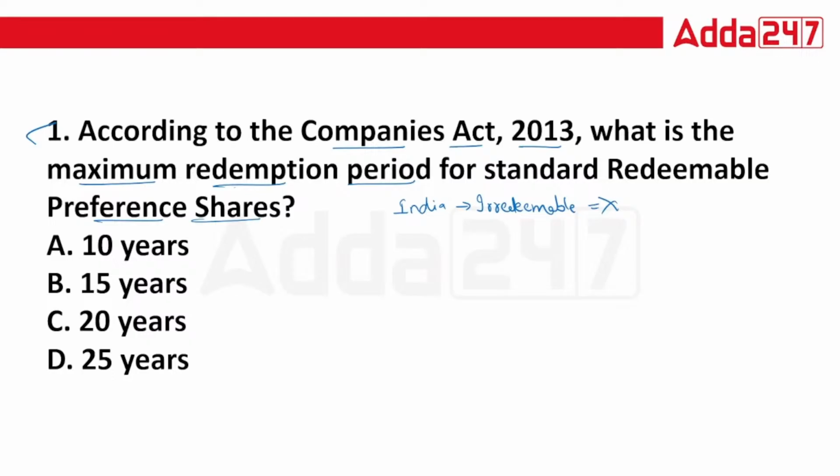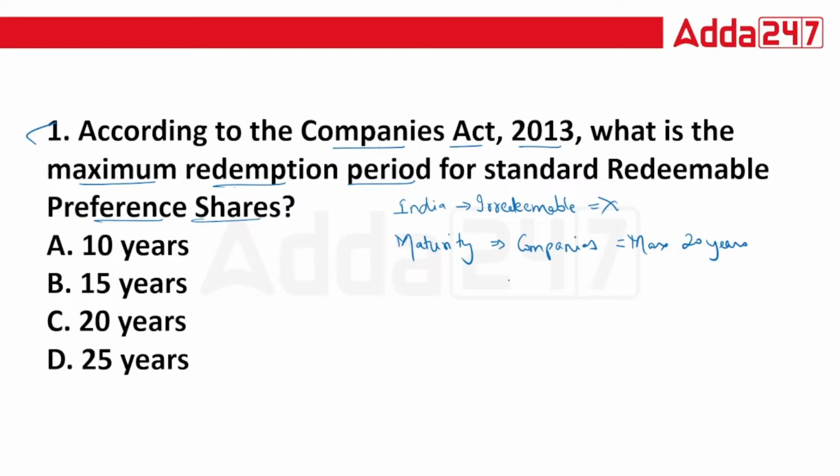This is not allowed in India. So we need to issue with some life, with some maturity. Generally, companies can issue these preference shares for a maximum of 20 years.